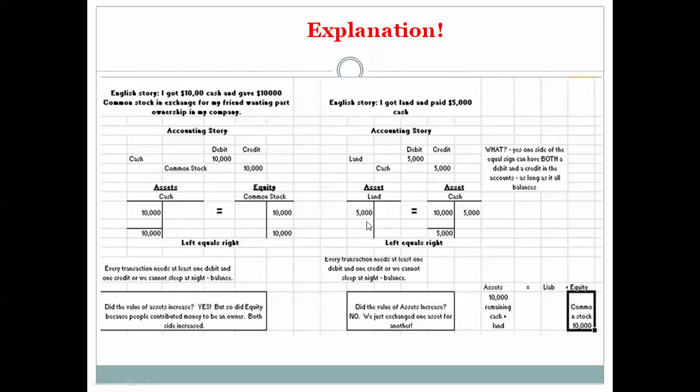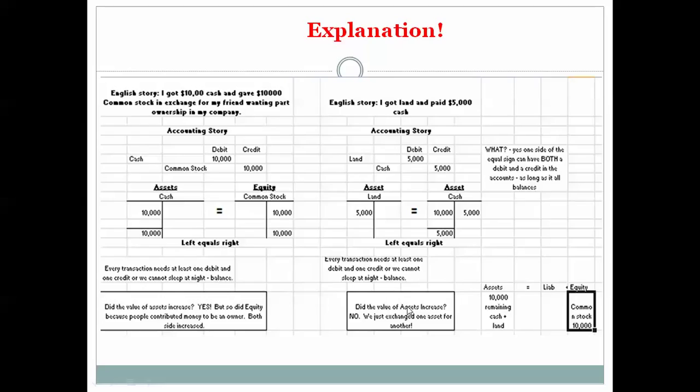What do I mean? Land has got $5,000 in it. We had $10,000 cash to begin with. We gave $5,000. Now we have $5,000. The plus minus normal balance, $5,000. The left is equaling the right. So again, did the value of our assets increase?